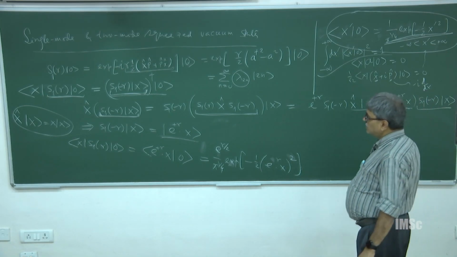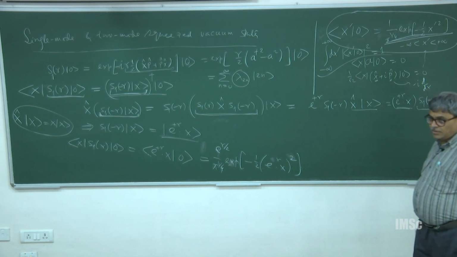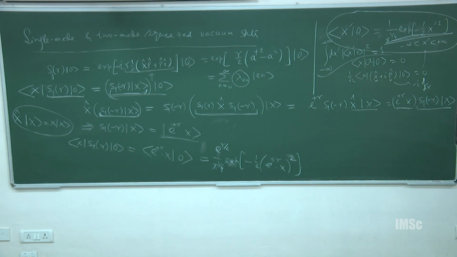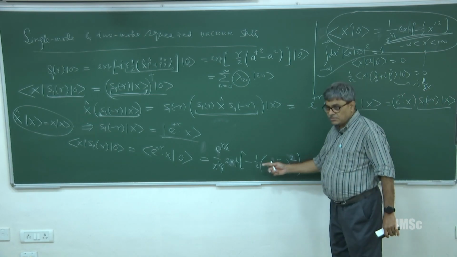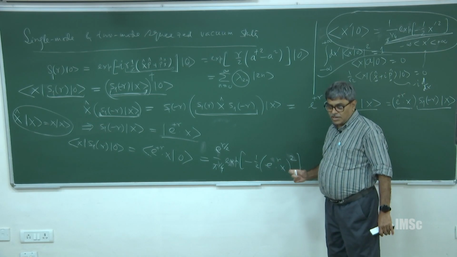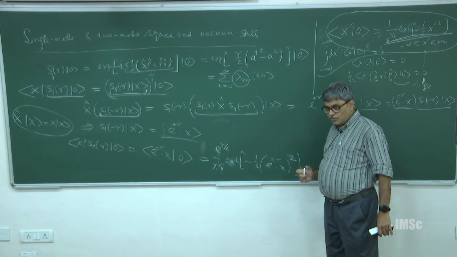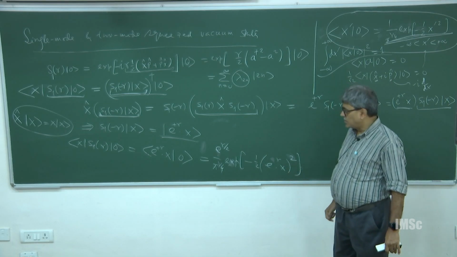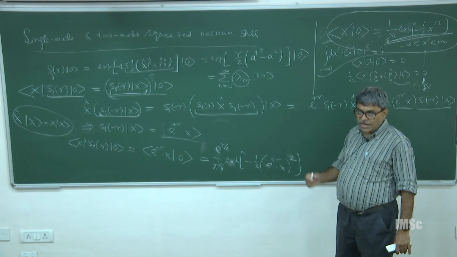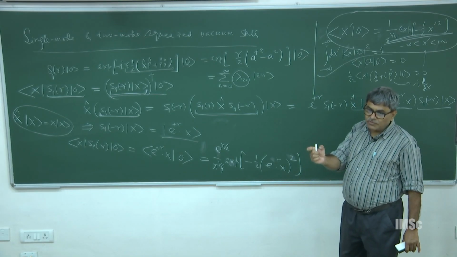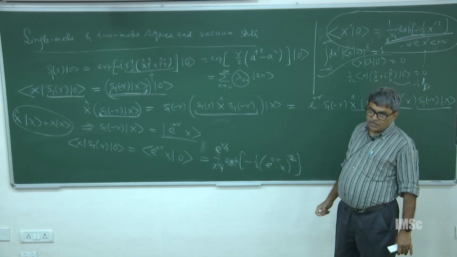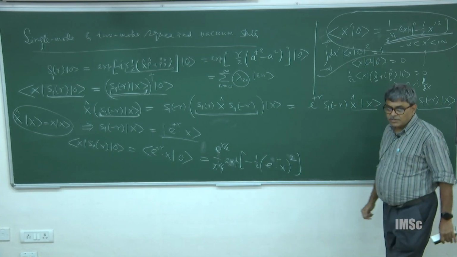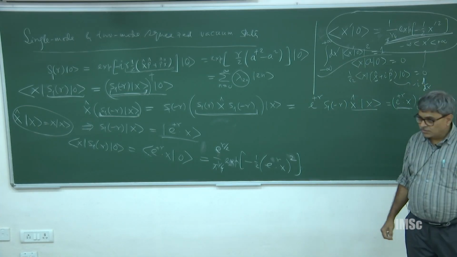So the shape of the Gaussian will be intact. What is the center of this Gaussian wave function? 0. And what will be the width? Therefore, as you increase R, the width will decrease, right? Yes, it will decrease, which is expected.